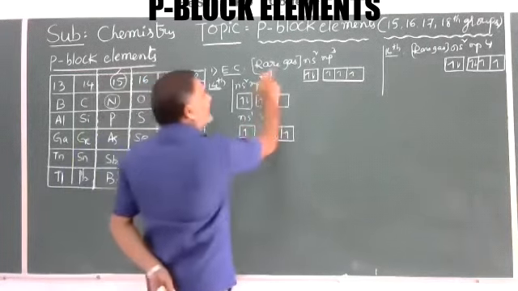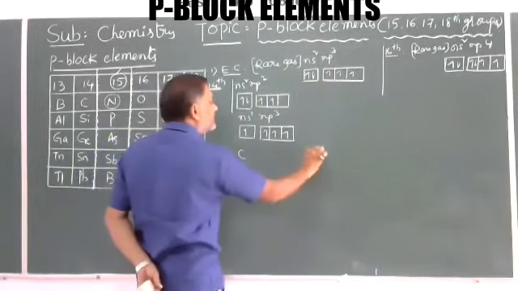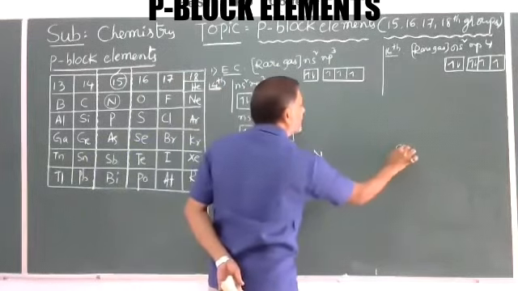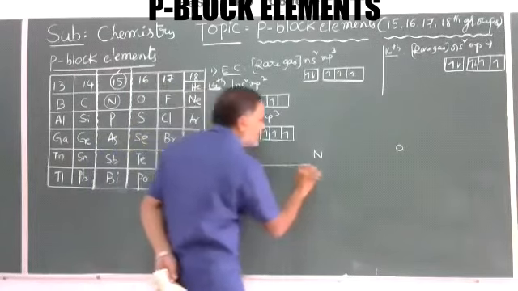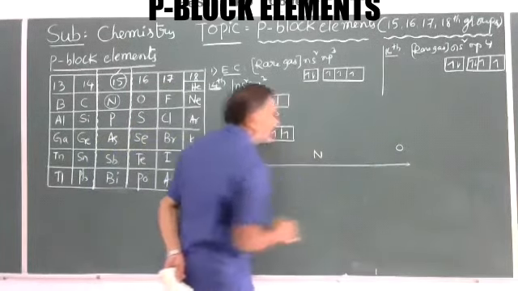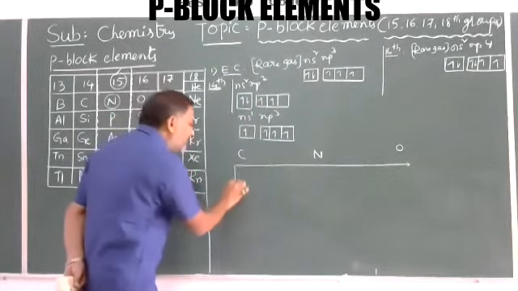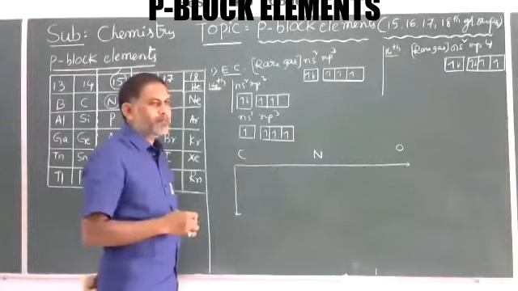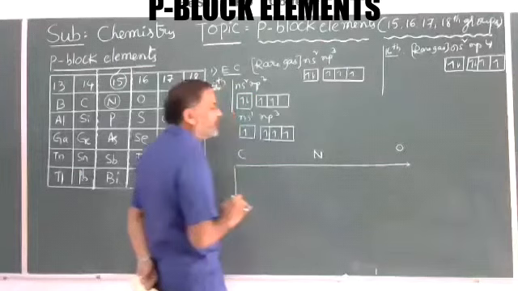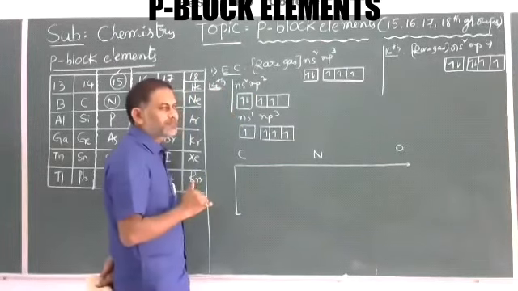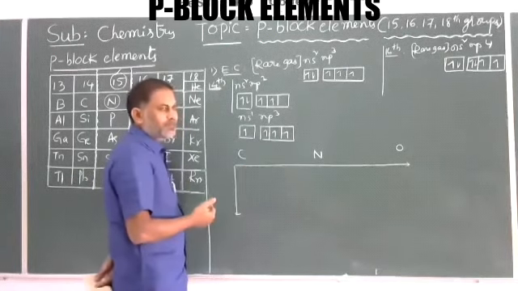Now the 14th, 15th and 16th group elements are the carbon, nitrogen and oxygen families. Generally, from left to right size decreases, and from top to bottom size increases. Generally, as size decreases, ionization energy increases, and electronegativity also increases.